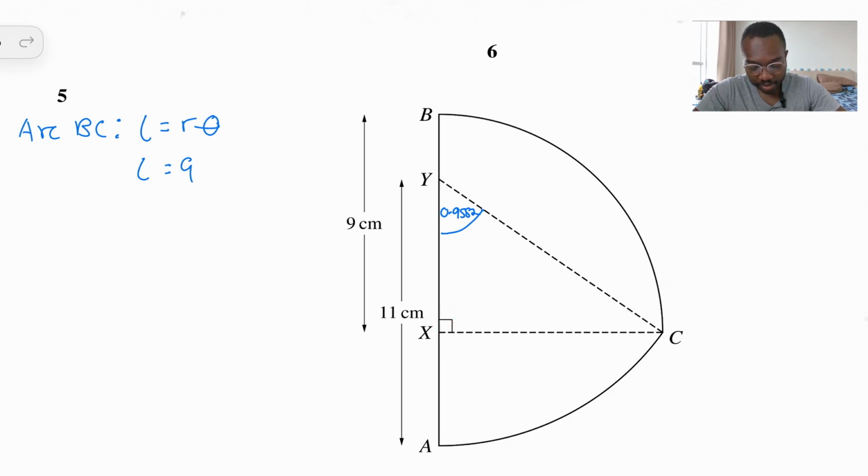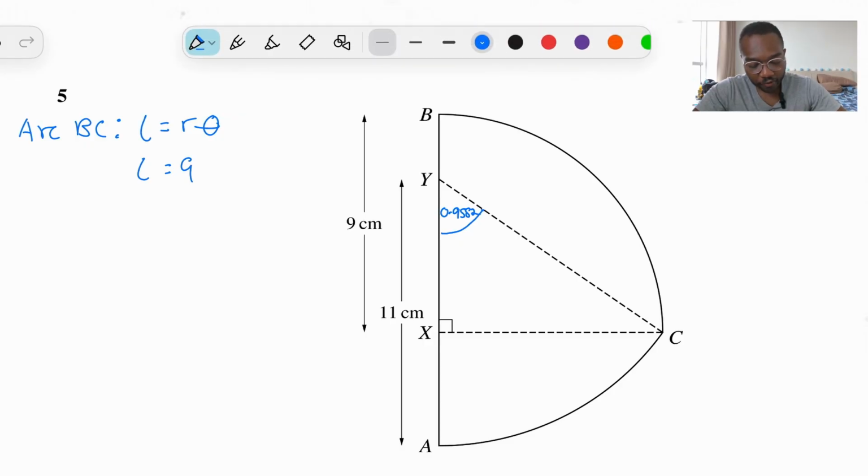So that means that this right angle would be theta for length BC. Now, what is 90 degrees in radians? That's just pi over 2. Therefore, the length of arc BC is 9 times pi over 2, so we get the length of BC as 9 pi over 2.